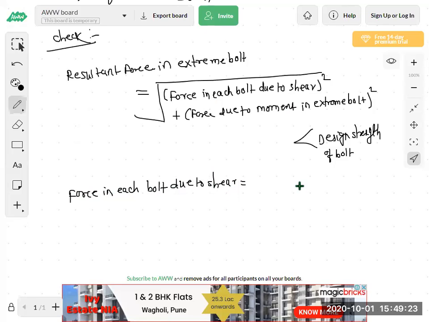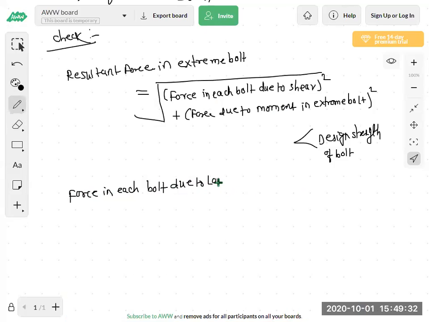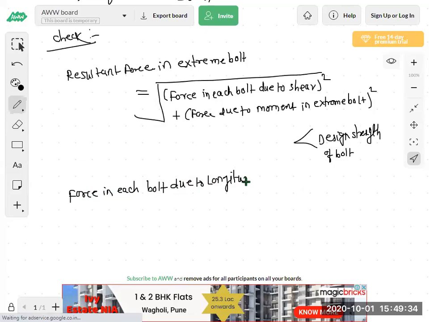Force in each bolt due to shear, it means actually this is longitudinal shear, is equal to VB divided by N, where N is the number of bolts.